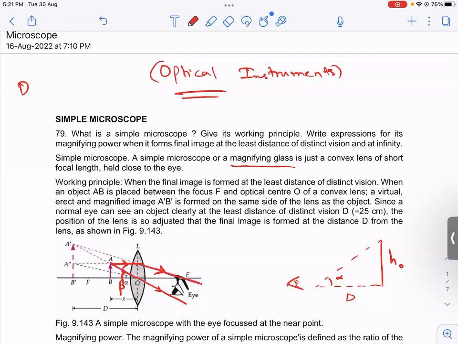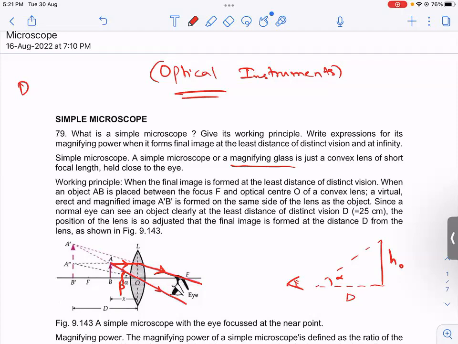It is adjusted; it is not going to happen naturally. It is adjusted so that you form the image at the least distance of distinct vision of your eye. Is that clear? It depends on how you do the experiment, with specs or without specs. So this is going to be the first scenario.